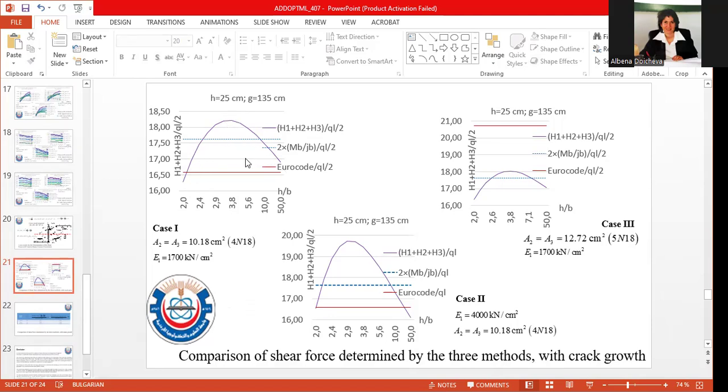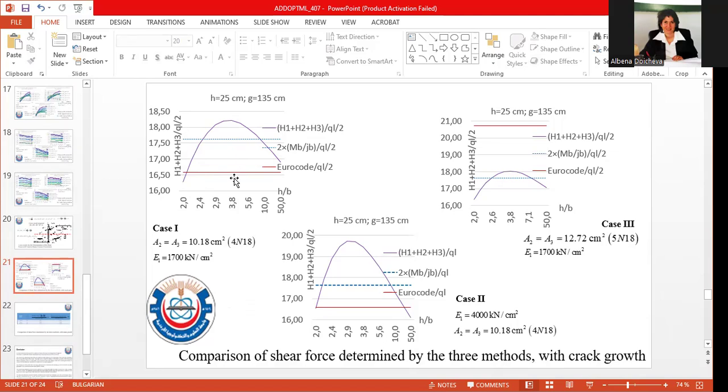We can see how the shear force changed when the crack grew, and we can compare the result of our exact equation with the results of the literature and Eurocode.